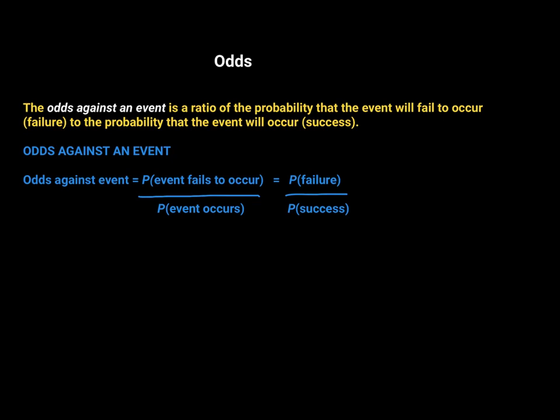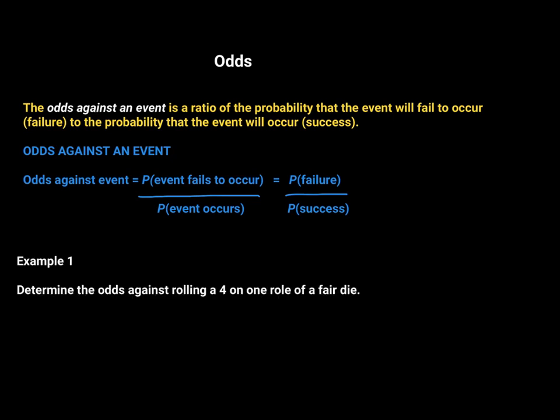The following formula may be used to determine the odds against an event. So it is a ratio, so it's a fraction: the probability of failure to the probability of success. The probability of the event failing to occur divided by the probability of the event occurring.